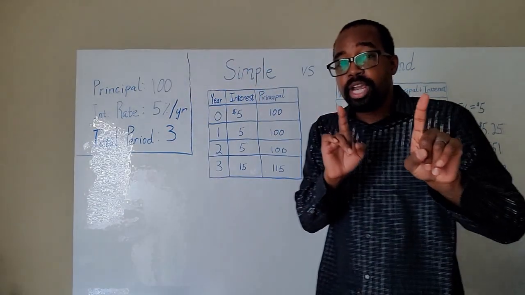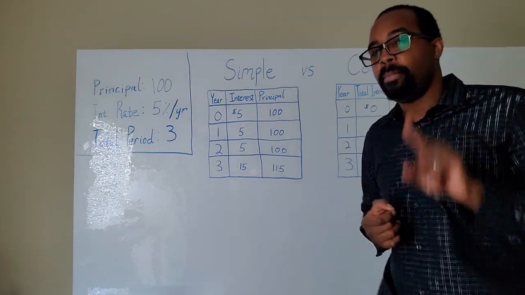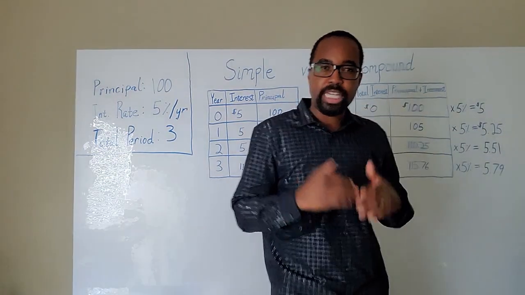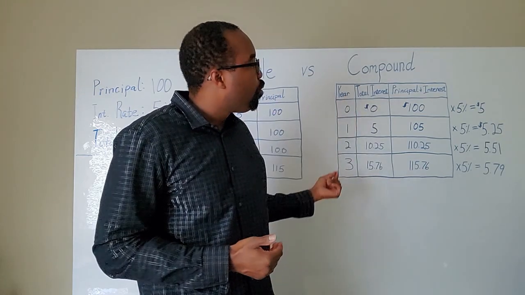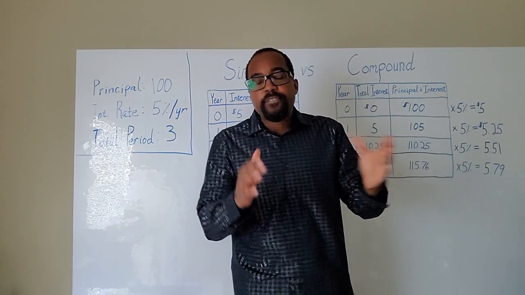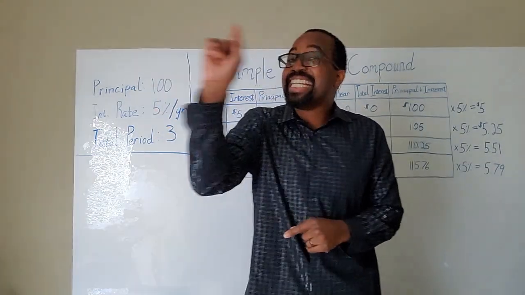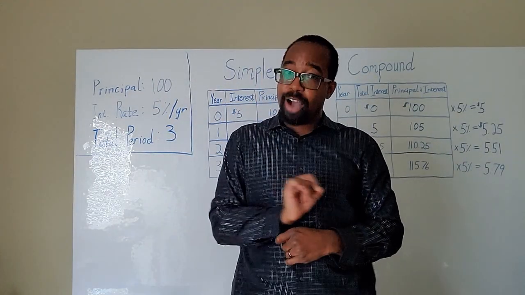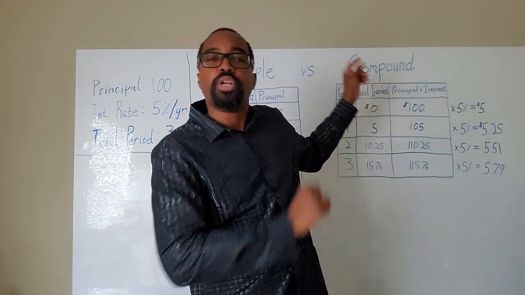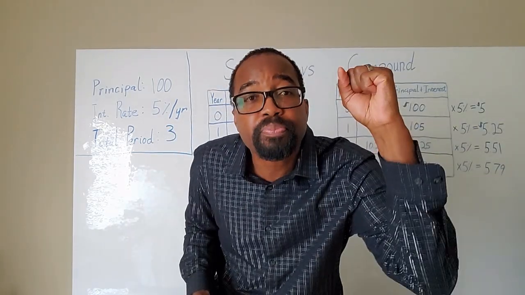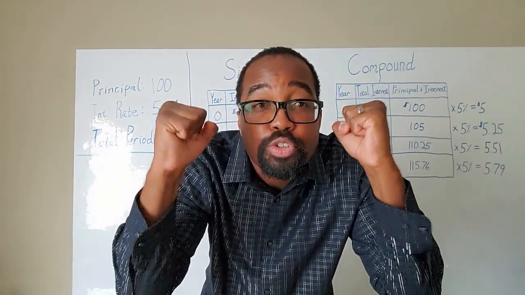We're going to switch over here to compound interest, where it gets a little bit more difficult, but not all that much. And we'll show you each step of the way. Compound interest in year 0. Instead of taking the calculation of rate of interest multiplied by principal, in compound land, we're going to take the rate of interest and multiply that by the principal and the previously earned interest.